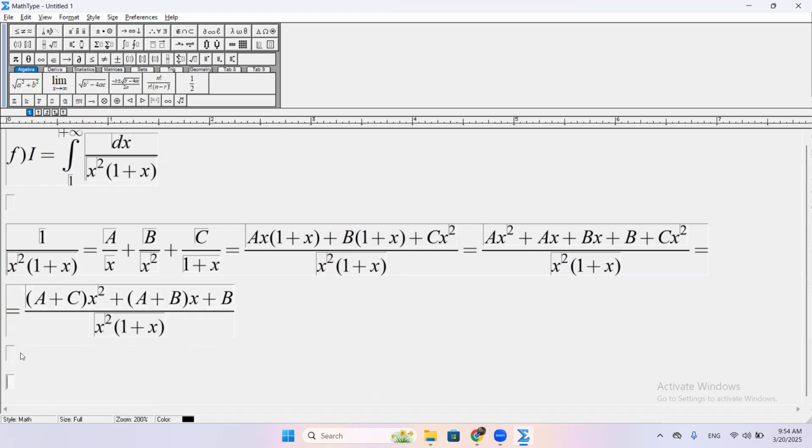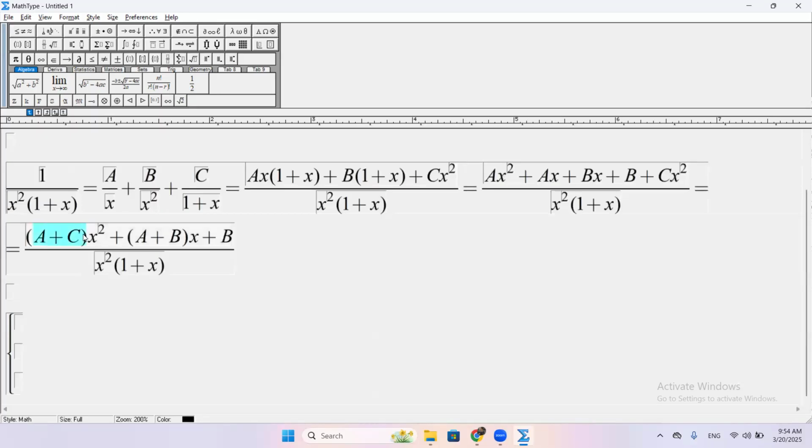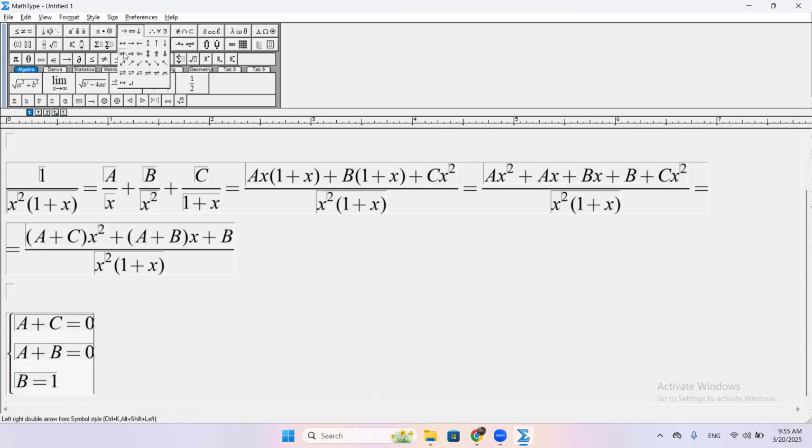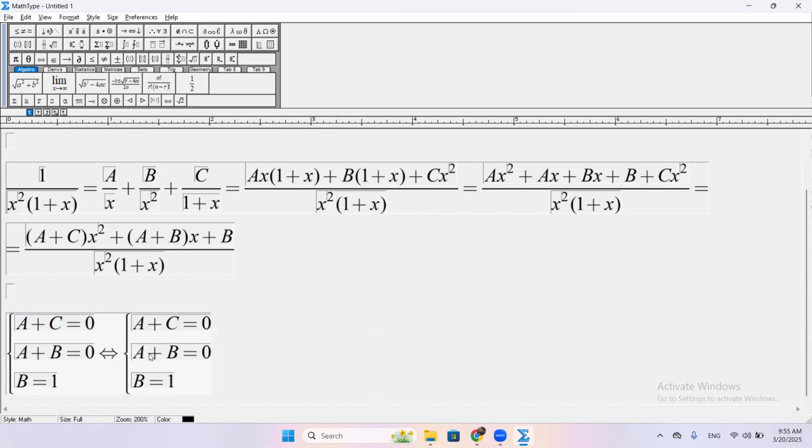So we have a simple system of linear algebraic equations: a plus c equals 0, a plus b equals 0 as well, and b equals 1. As the result, as b equals 1, then a equals minus 1, and c equals 1.